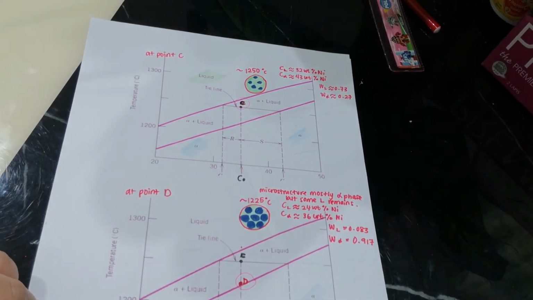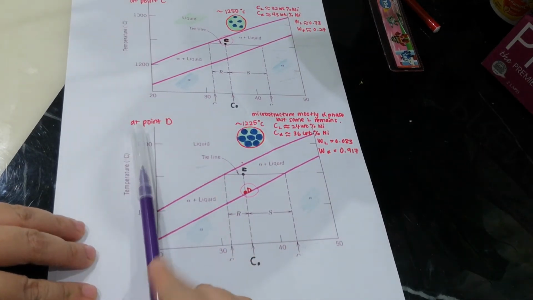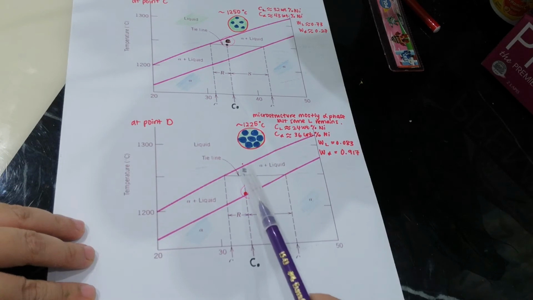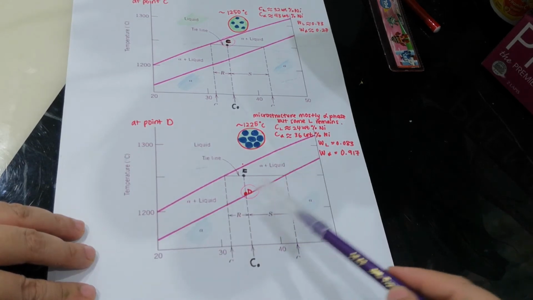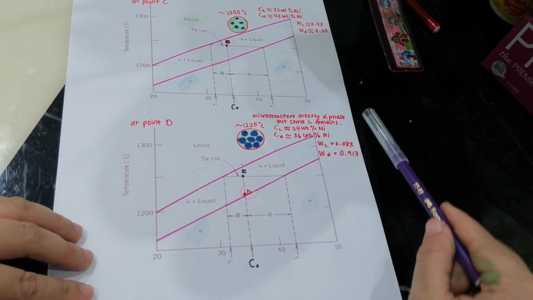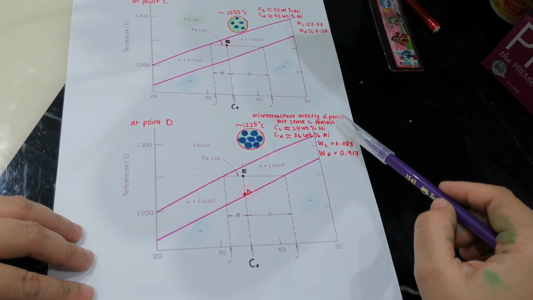Alright, at point D, upon cooling until you reach the solidus line, the microstructure is mostly solid phase, but some liquid remains.